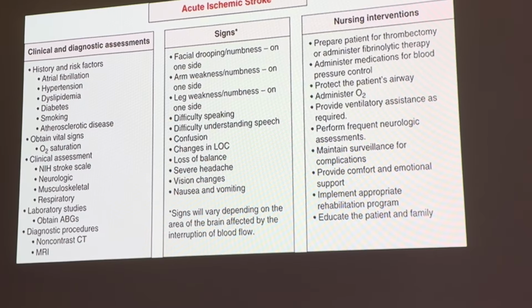Okay? Remember, always your ABCs, protect your airway, administer O2 if needed. You may have to require some ventilator support, depending on the severity. Remember, we're gonna frequently assess our neuro assessment. I'm not gonna just do an initial neuro assessment and then forget about it. Might be every 15 minutes up to an hour, and then stretch it out to every hour, depending on your hospital policy.